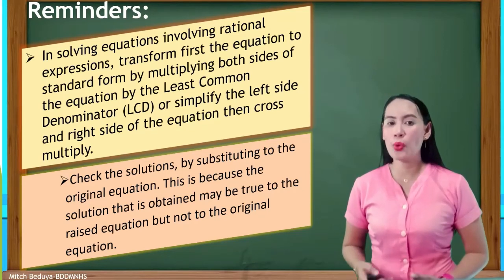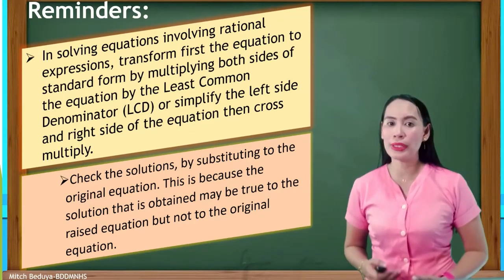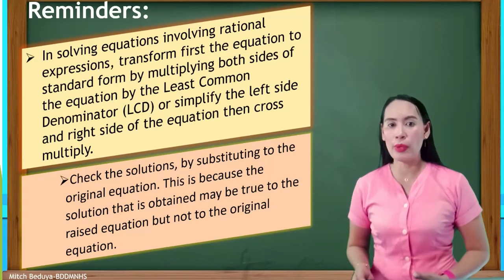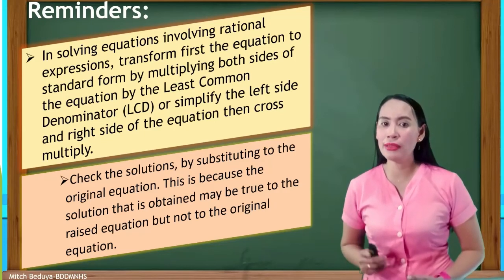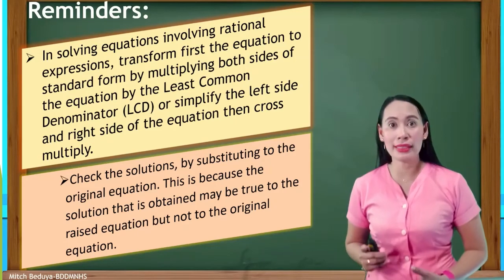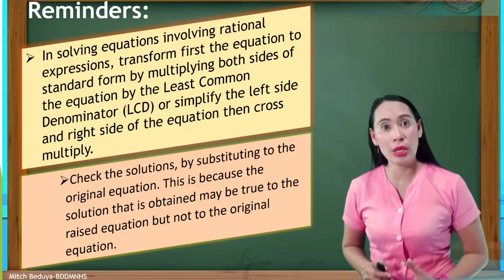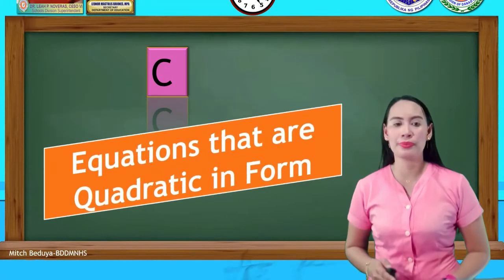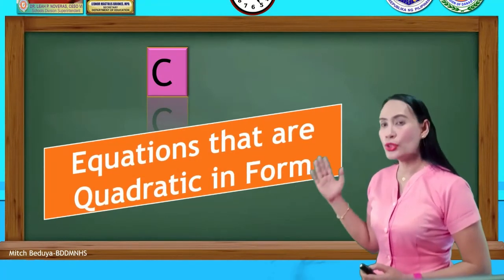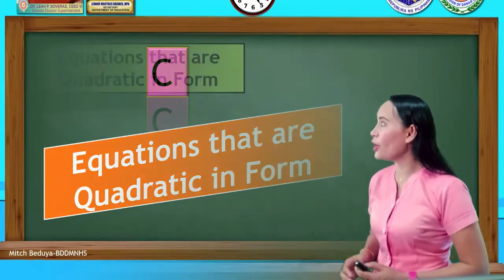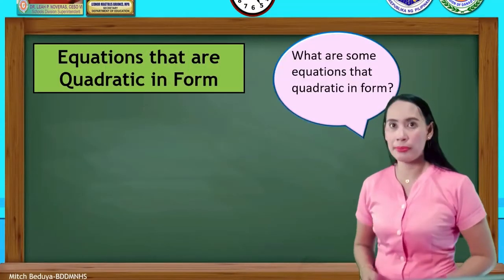Then check the solutions by substituting to the original equation. This is because the solution that is obtained may be true to the raised equation, but not to the original equation. The third part of the lesson is solving equations that are quadratic in form.